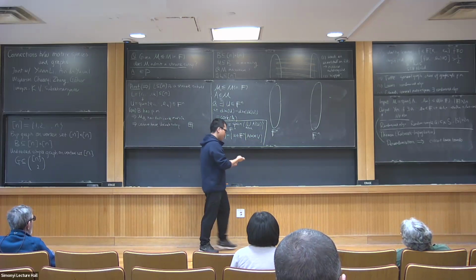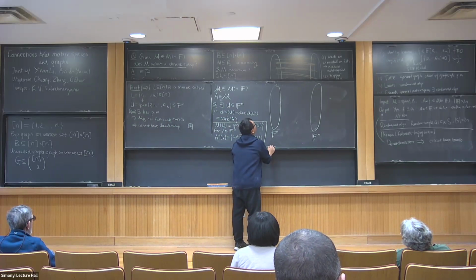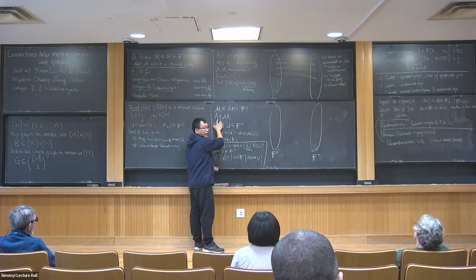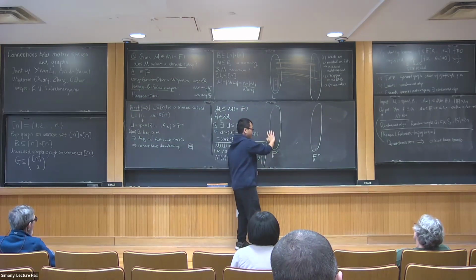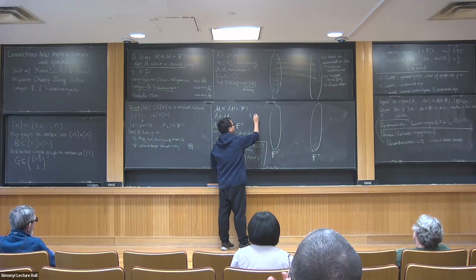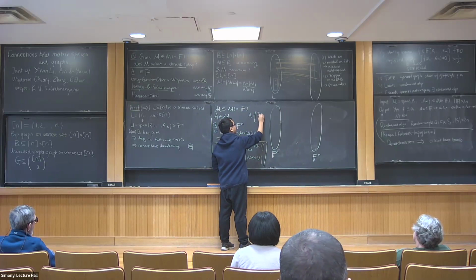So now I'm going to do something very similar here. That is, I'm given this A, right? I know that this A sets up some connection between F to the N and F to the N. For convenience, you can even assume that your A is something like identity, R, 0, 0, 0.